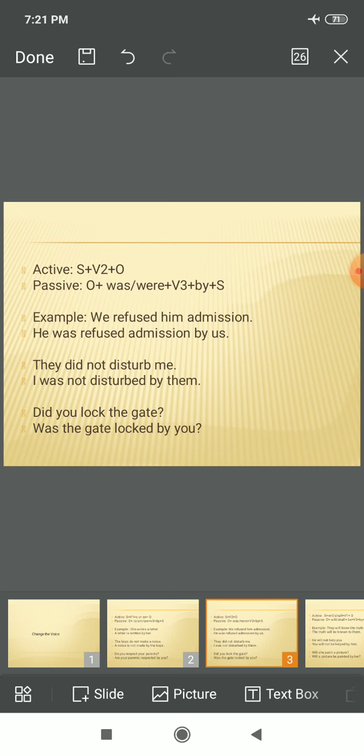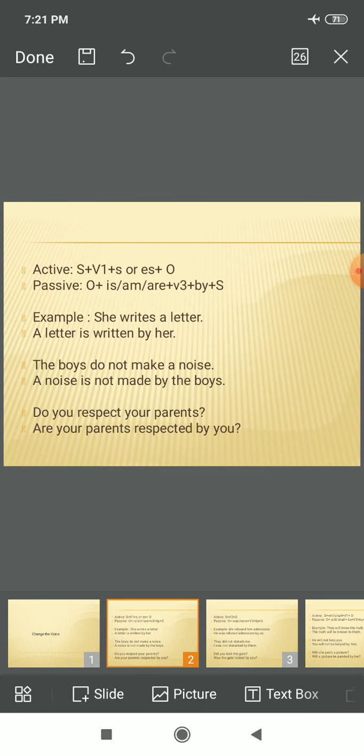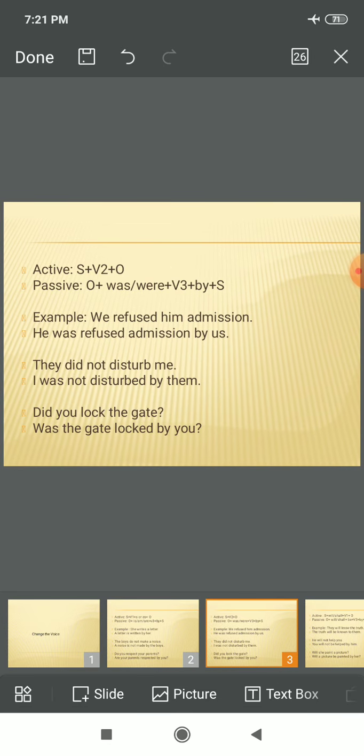Next is changing the sentences where in the active sentence the second form of verb is used, right? So in the first form, as we used to do, from first form with S or ES, we change it into is, am, are plus third form of verb. When we are dealing with sentences in which subject plus verb second form plus object is there, what do we do there?